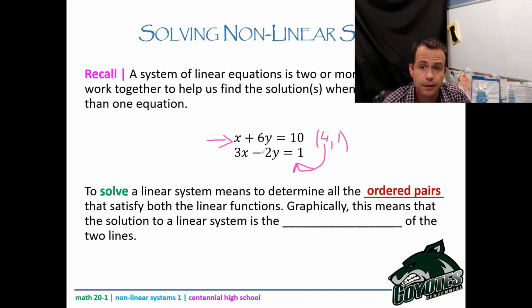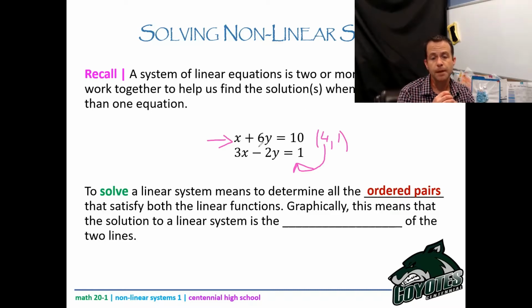Well, if I plug in 4 for x and 1 for y, I get 12 minus 2. That does not equal 1. So while the point (4, 1) satisfies the top equation, it does not satisfy the bottom equation. Therefore, it is not a solution to the system. In order to be a solution to the system, it must satisfy both equations at the same time.